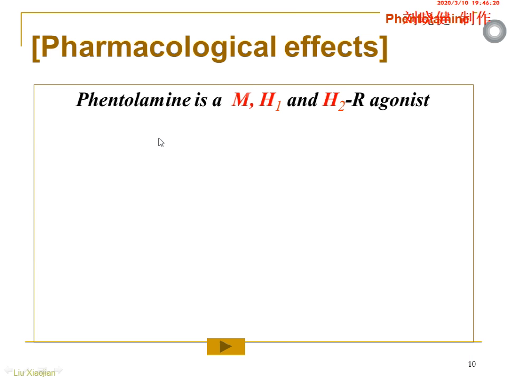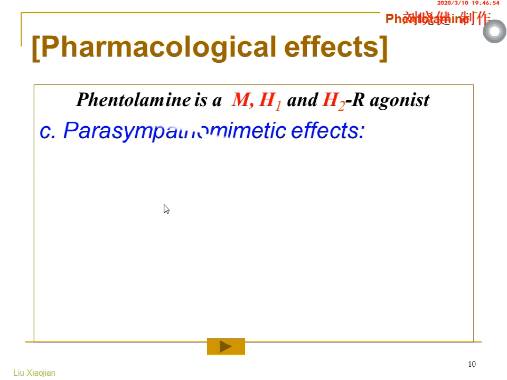Okay, actually phentolamine has very little selectivity, very little specificity to the receptors. Not only does it block alpha 1 and alpha 2 receptors, it also activates M receptors and histamine 1 and histamine 2 receptors.